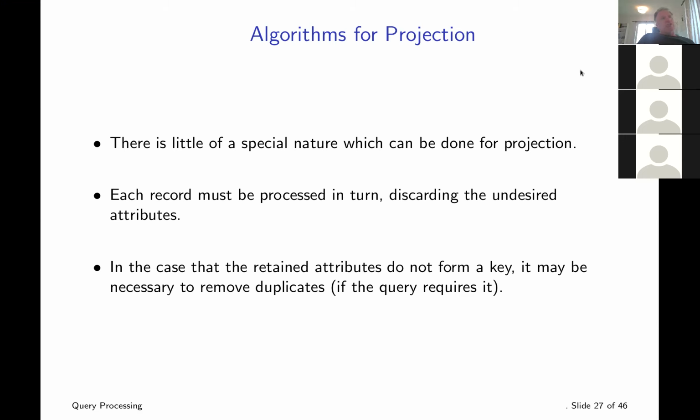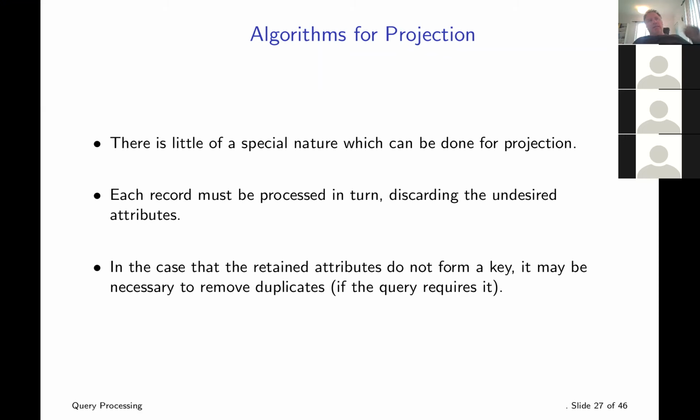Okay, so projection. It's always good to apply. It makes things thinner, it makes things smaller. Depending on whether the query uses distinct: say you want all the building names, so project building name over departments.